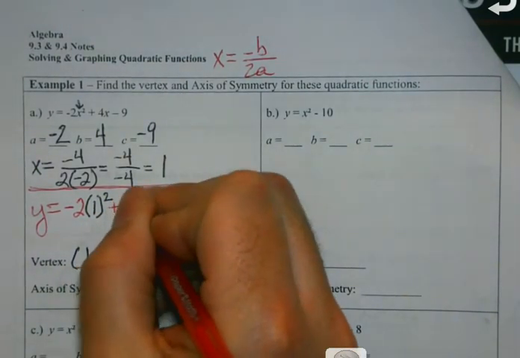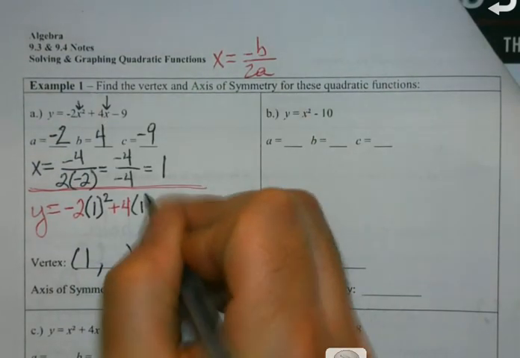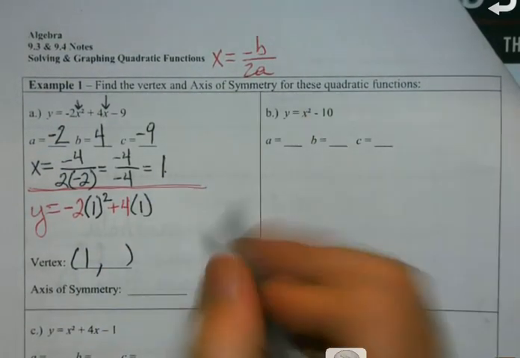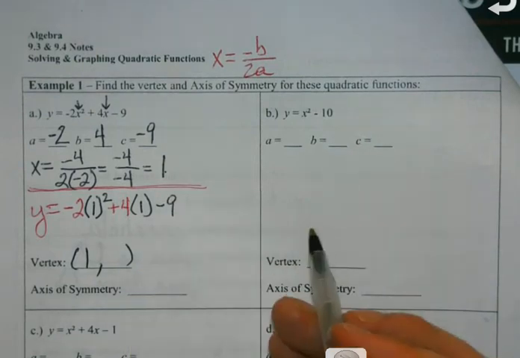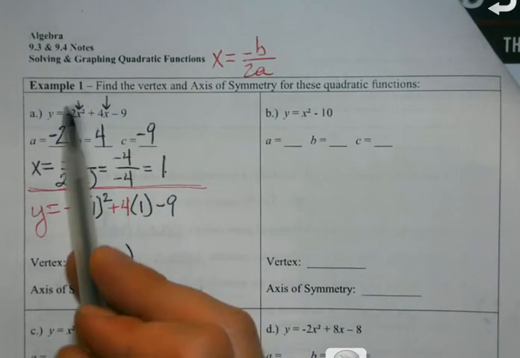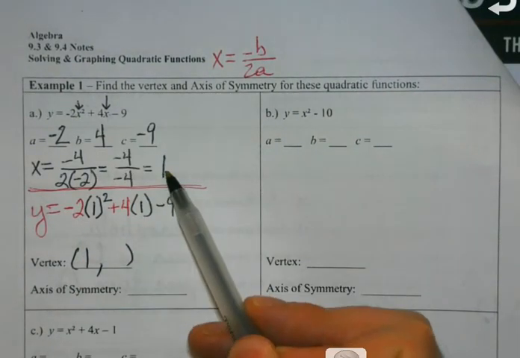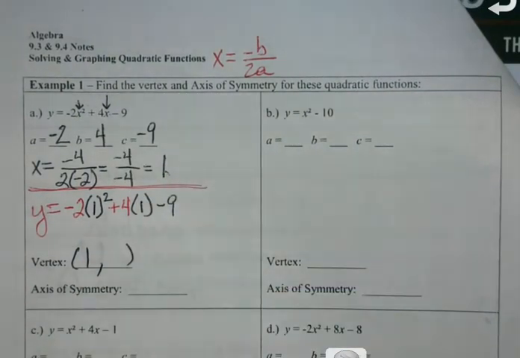So then plus 4 times, and I see another x there, so I'll plug my x value, my 1 in. So basically what I just did was I copied this, but wherever I saw x, I plugged the x value in. So now I've got to figure this out.